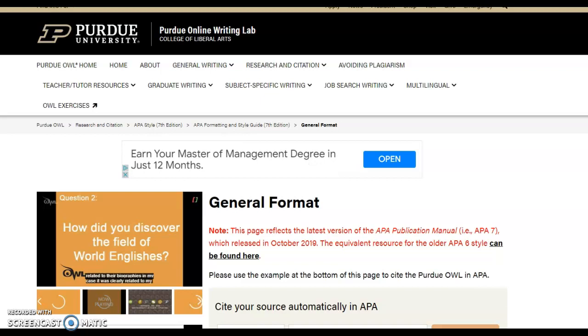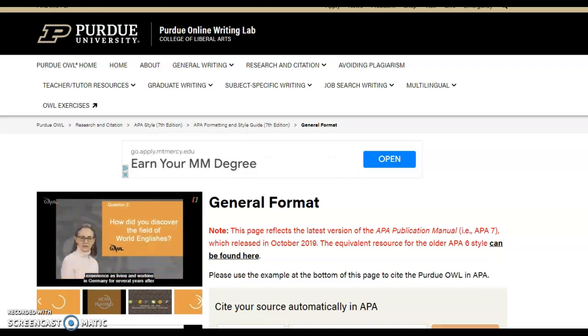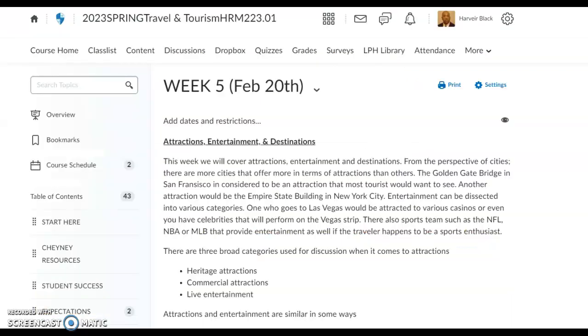Like I said, it was brought to my attention the latter part of last week regarding APA that 12-point Times New Roman font is not the only recommended font anymore, that there are various fonts that you can happen to use. So, again, if anyone wants to look at this, it is the Purdue Online Writing Lab, and I will be more than happy to share the link with you.